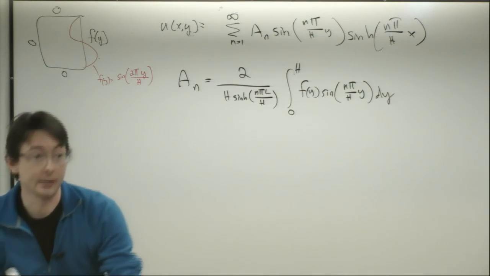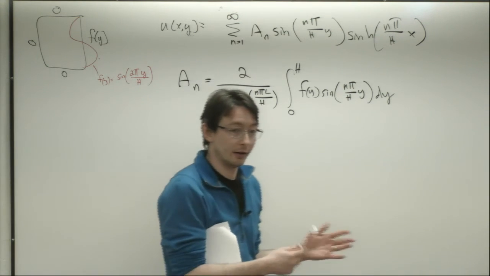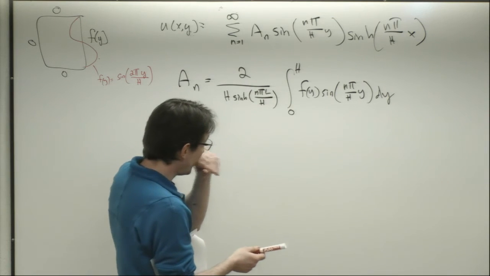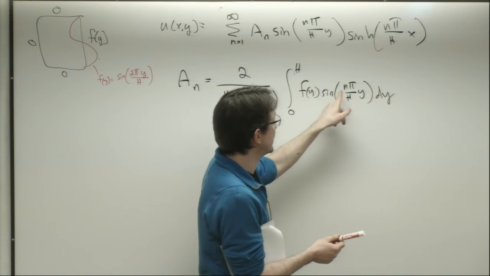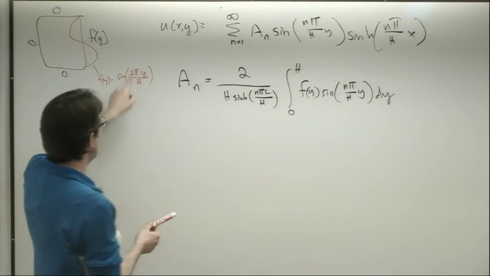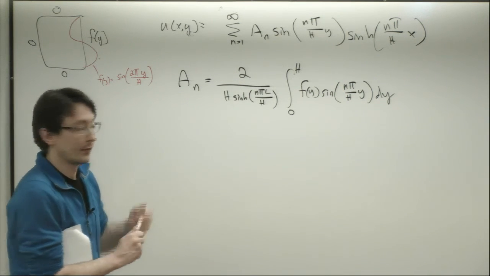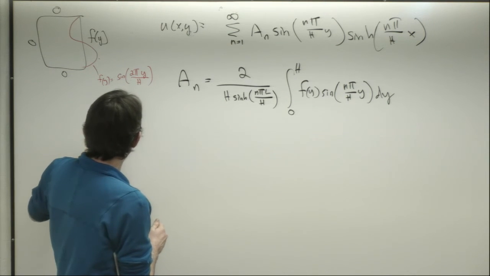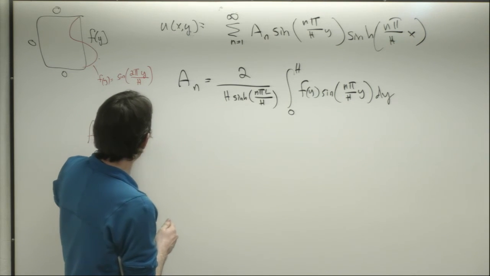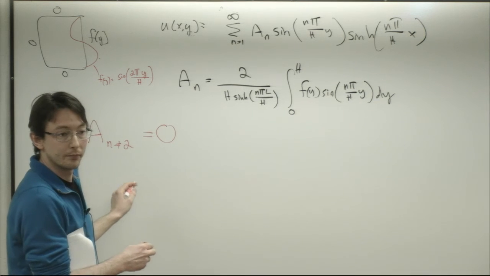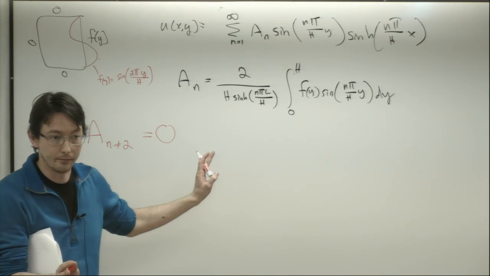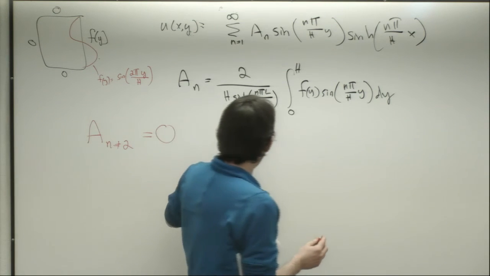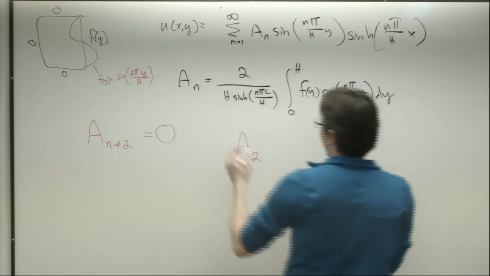So this was a homework. This is why I gave you that weird homework about integrating sine waves. This will integrate to 0 for all frequencies n except n equals 2. So a_n is equal to 0 for all n that's not equal to 2. And a_2 is actually kind of simple.